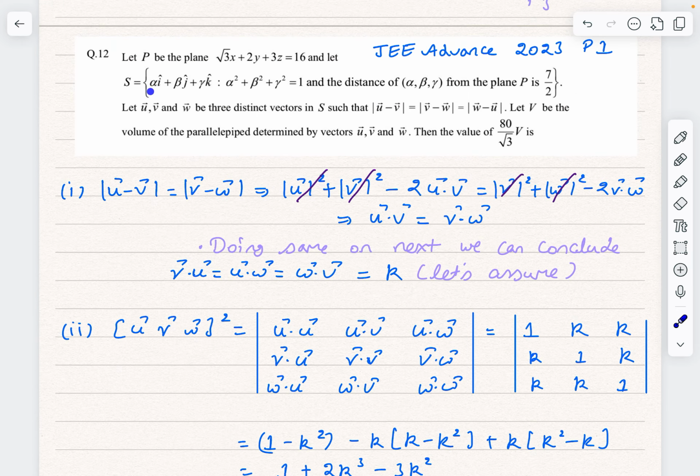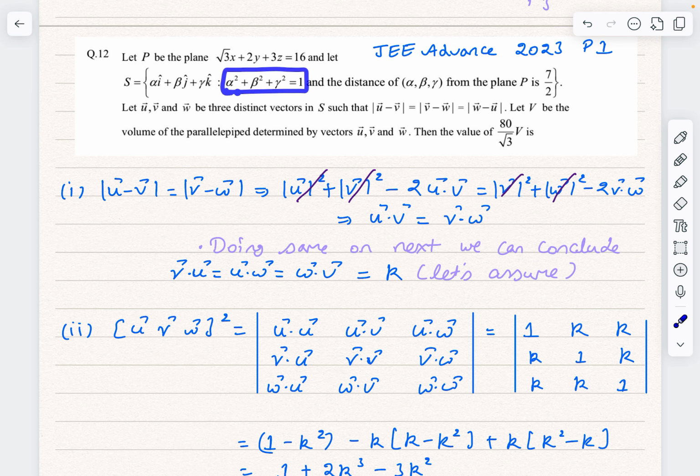See, using alpha i cap plus beta j cap plus gamma k cap such that alpha square plus beta square plus gamma square equal to 1, and the distance of alpha beta gamma from the plane is 7 by 2. If I see this point alpha comma beta comma gamma, this point is located at a distance of 1 from the origin.